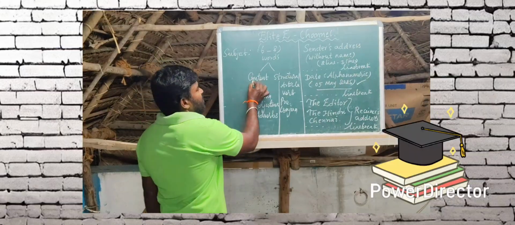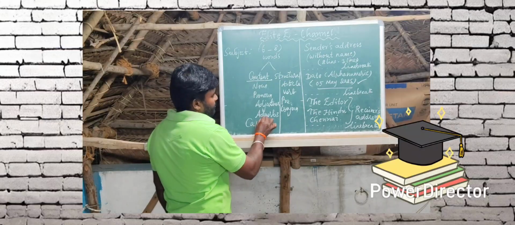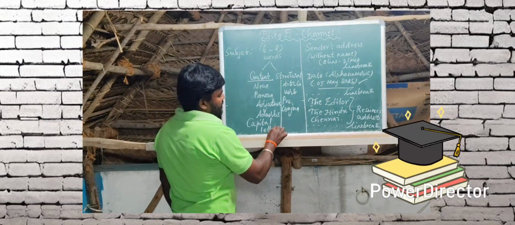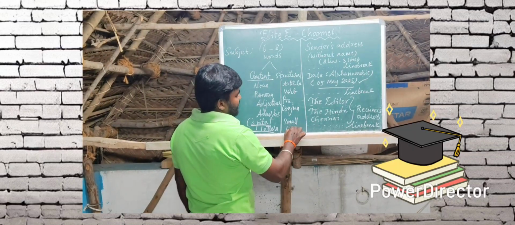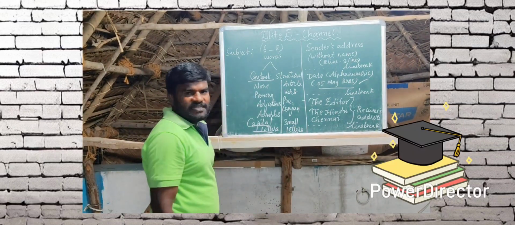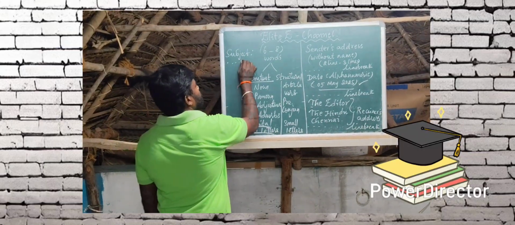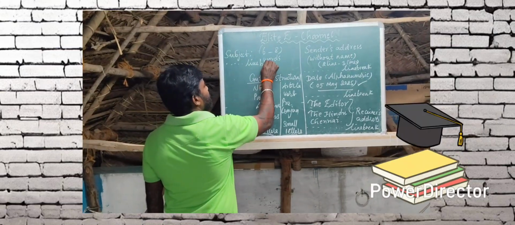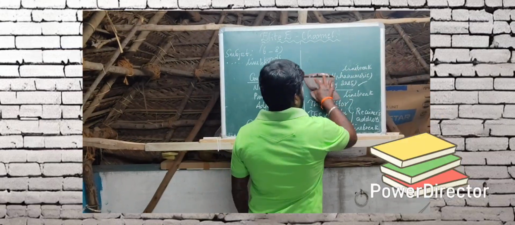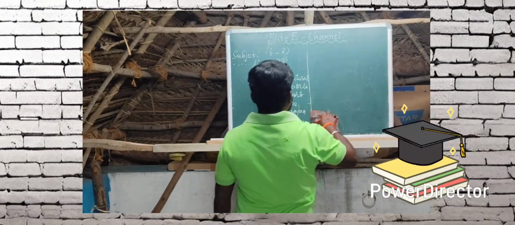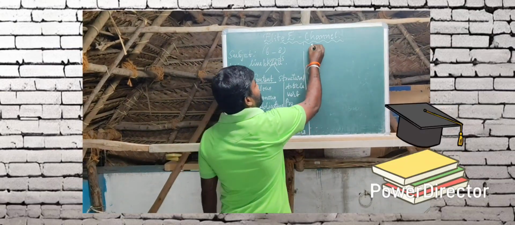Wherever you are using a content word, it must be in capital letters, whereas structural words are in small letters. Is it clear, children? Then after the subject, there will be a line break. Then after that, the salutation.